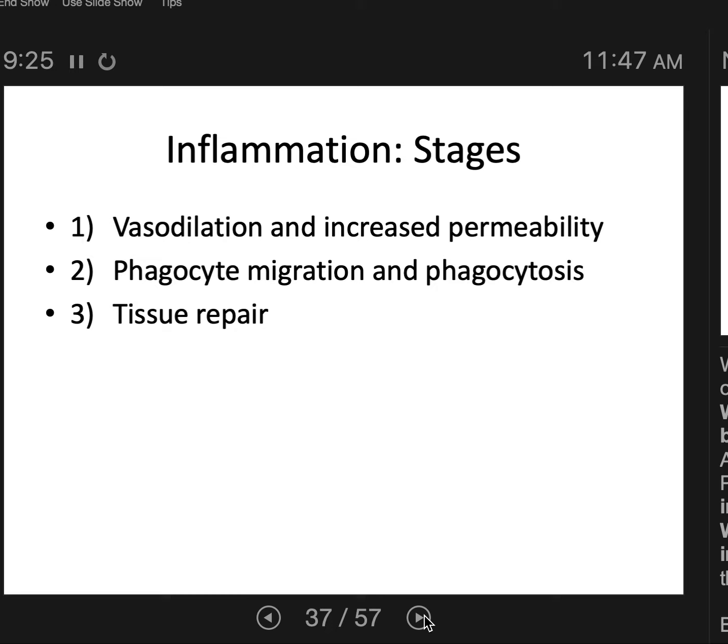You're bringing more white blood cells, more blood clotting agents, and more oxygen and nutrients to facilitate healing and tissue repair. So you're basically bringing all of the builders, the healers, the fighters, the building materials, all of that stuff is getting to the site faster when you dilate the blood vessels to bring more blood to an area.